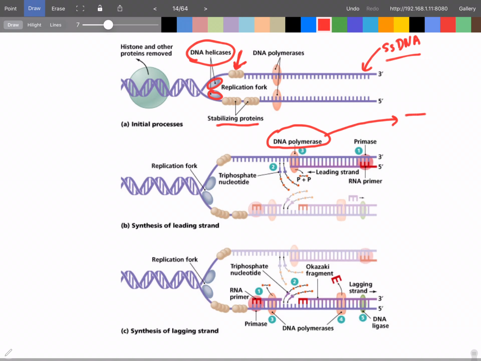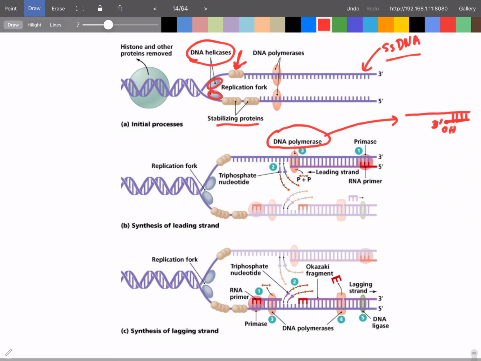If we've got a piece of single-stranded DNA, it needs to be able to bind to a place where there's a double-stranded region, like that, so there's nucleobases formed there, and it needs to see a 3' hydroxyl. Okay, remember I said we add nucleotides at a 3' hydroxyl end? Well, that end has to be there, right?